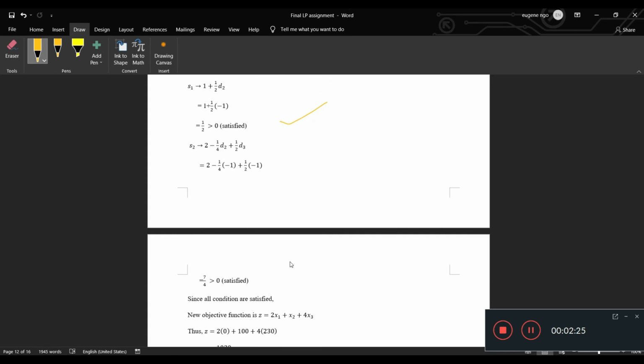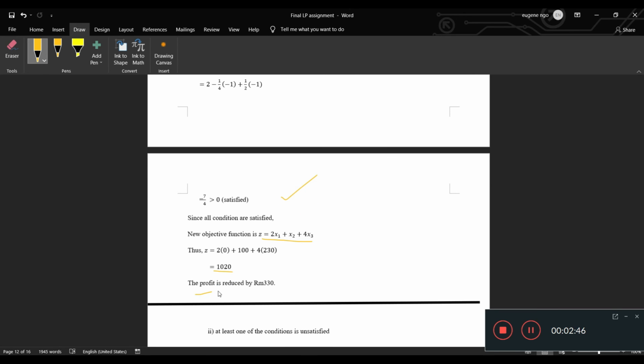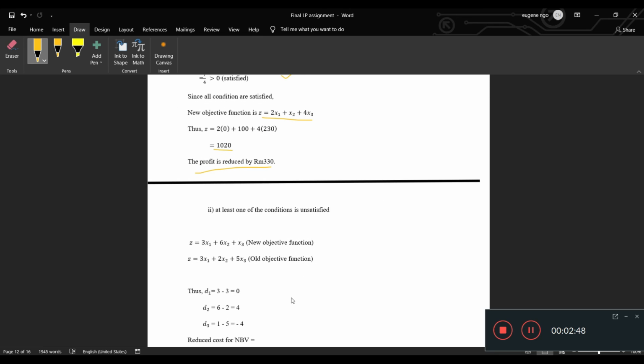S2 is 7 over 4, which is greater than 0. Since all conditions are satisfied, the new objective function z equals 2x1 plus x2 plus 4x3 can be used. We just substitute the values, x2 is 100, x3 is 230, and we get 1020. The profit is reduced by 330.